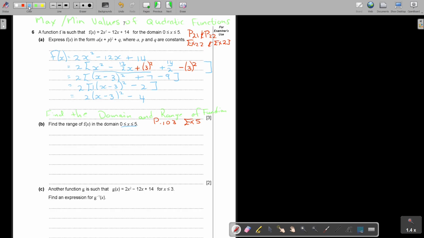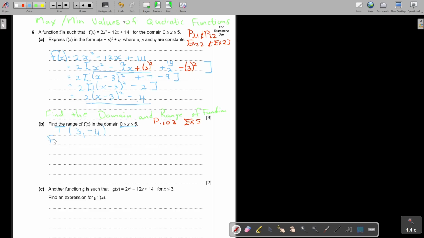Okay, but let's start. Out of this, I can find the turning point. So I know that for the turning point, I change that sign, so it's positive 3, and I keep that. That's the turning point. But I still want to get, for 0, what is the y value, and for 5, what is the y value, because it's included.